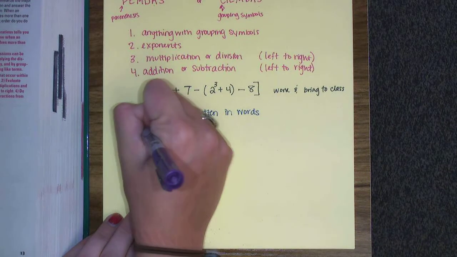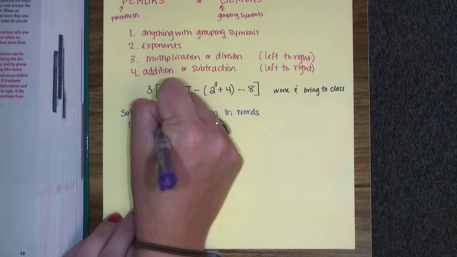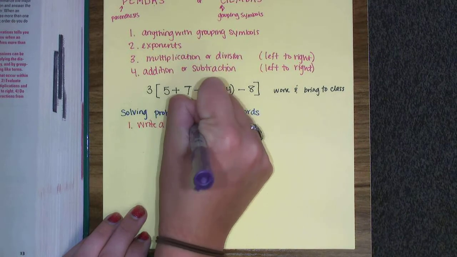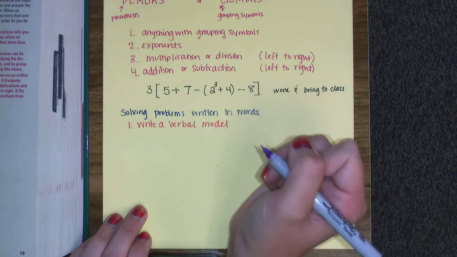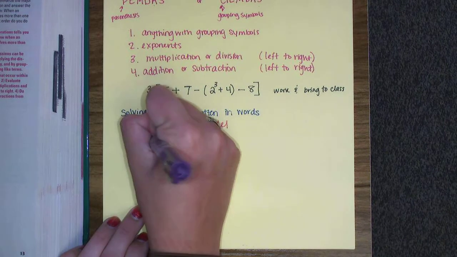First, write a verbal model, so basically write out in words what you're doing. Next, we write an algebraic expression.